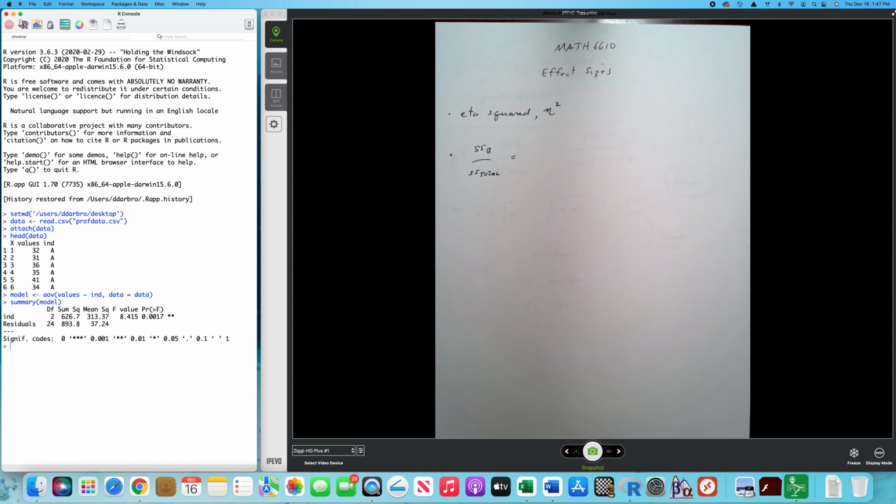So this would be the sum of squares between, which would be 626.7 divided by 626.7 plus 893.8. So eta squared would be 0.4122.